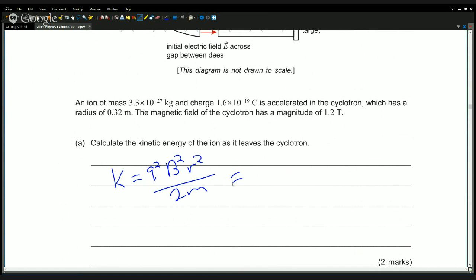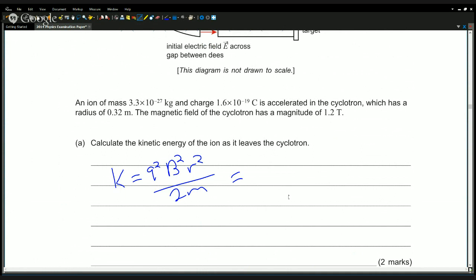I'm not going to write out all the numbers, but you're certainly welcome to. It's actually better that you substitute all the numbers in and do the calculation rather than just copying out the equation. I'm copying out the equation for demonstration purposes.